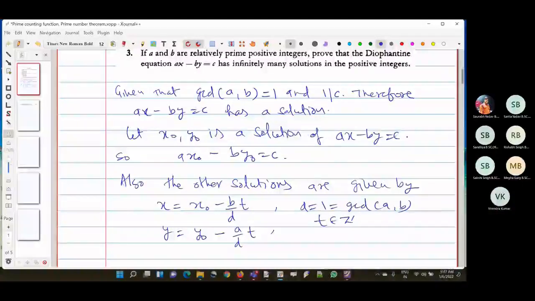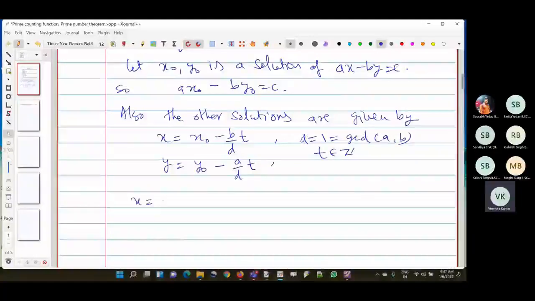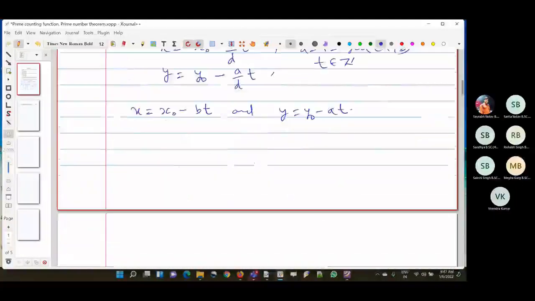So we have X equals X naught minus BT, and the other solution is Y equals Y naught minus AT.